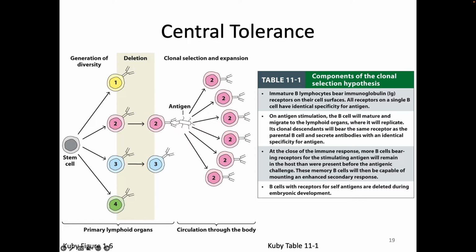One thing that you should realize is that when we are testing our immature B cells to see if they are self-reactive, the only things that are available for the testing, the only antigens that are available for the testing are proteins, carbohydrates, nucleic acids, lipids that are in the bone marrow. So if there's some protein that's only found in the brain, we can't test our B cells against that.